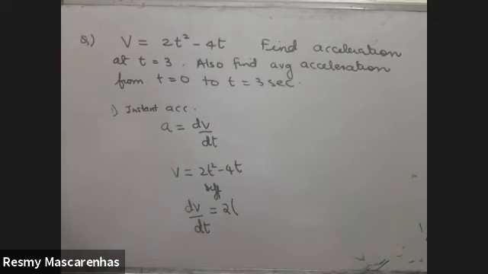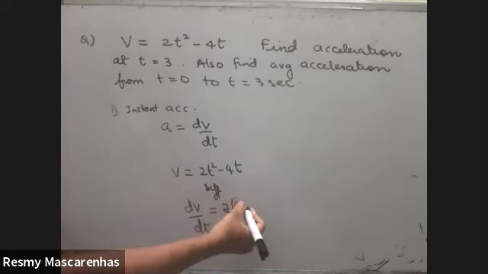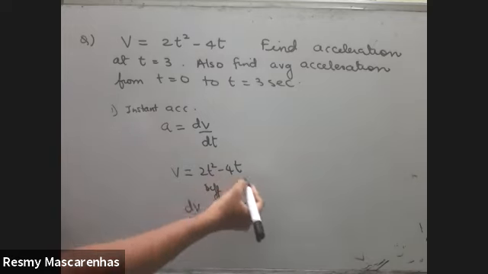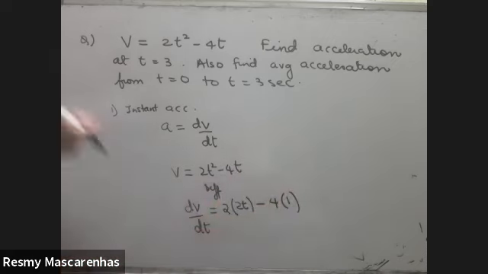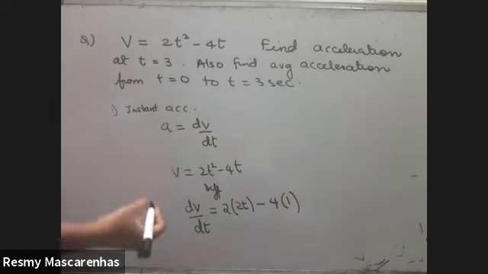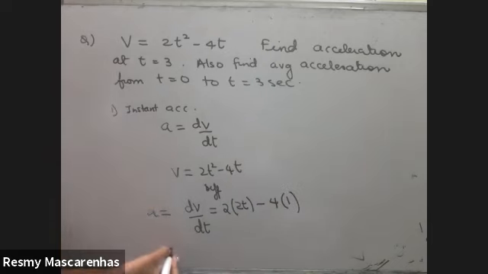What is the derivative of t square? Quickly, 2t. Yes, that will be 2t. The middle sign is minus, coefficient keep at the side only. And then derivative of t is 1. So whatever you differentiated, that is always your acceleration. So acceleration will be 4t minus 4.